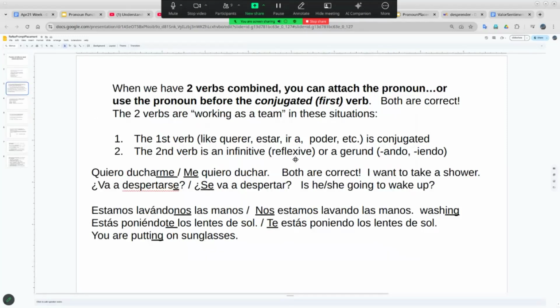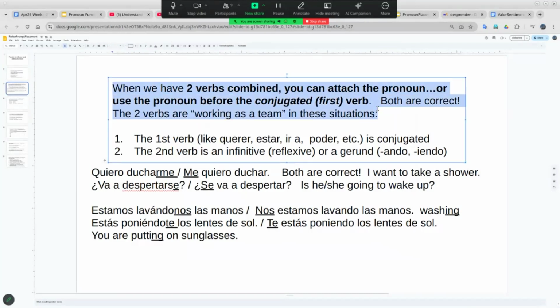So don't expect you're going to memorize and know these all immediately, but I'll send you this whole thing so you can kind of look at the examples. When we have sentences that are not just one verb by itself, but when we've got two verbs that are working together, talking about the same kind of action, then something is going to happen in Spanish.